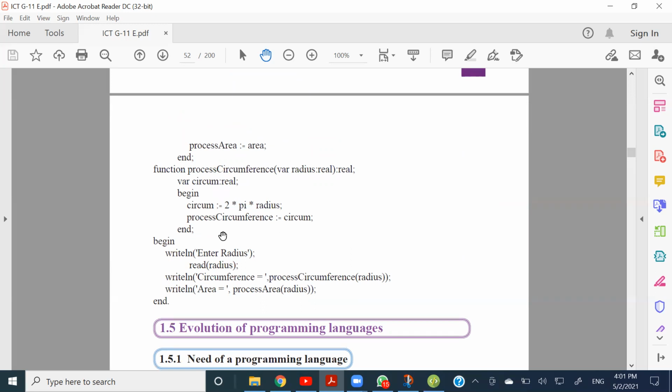Yes, people, any suggestions? What is the first line that is going to be executed?